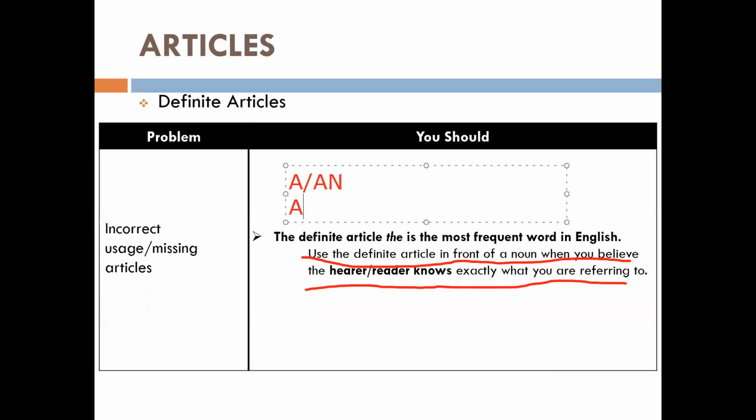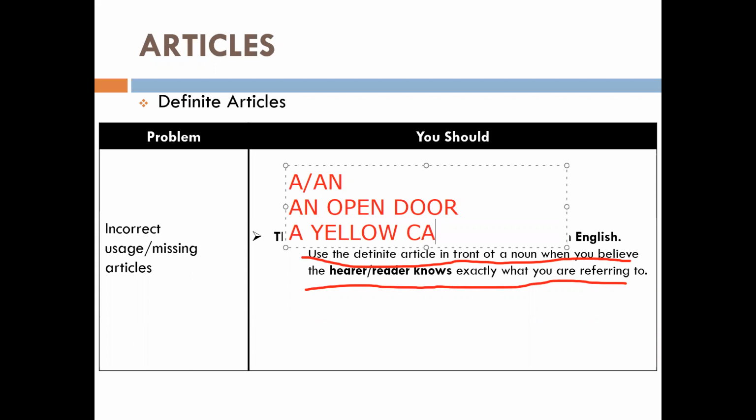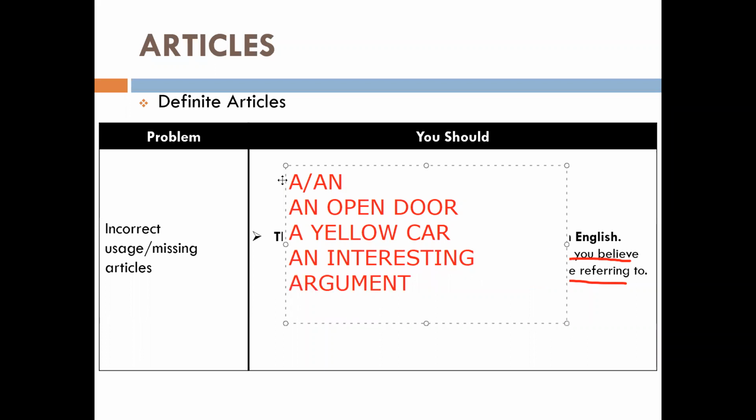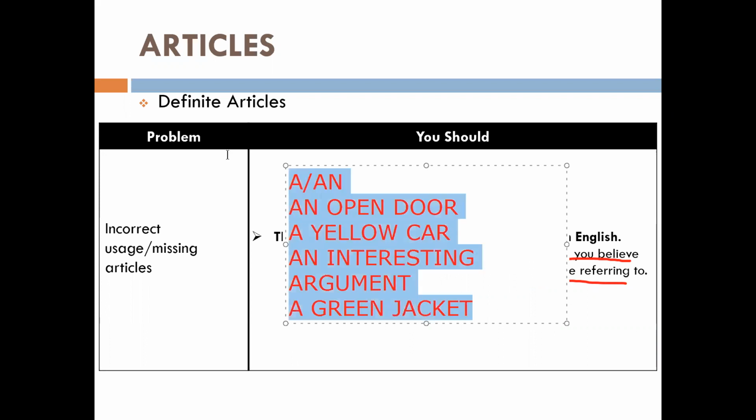Halimbawa, an open door, a yellow car, an interesting argument, a green jacket. So, kapag hindi superlative, adjective lang basta, walang ER, walang EST, article A, article an. Kapag ito naman ay may EST at saka most, the.